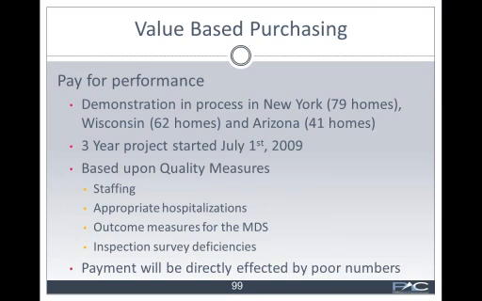And the whole value-based purchasing is based upon quality measures, and it's looking at staffing, appropriate hospitalizations, outcome measures from the MDS, survey deficiencies. So what the Pay for Performance is going to look at is your overall scores. So if you've got one area that's not in good shape, it could prevent payment for you.